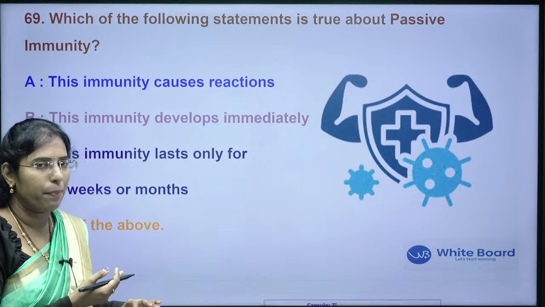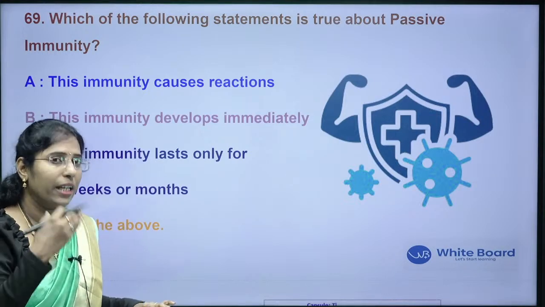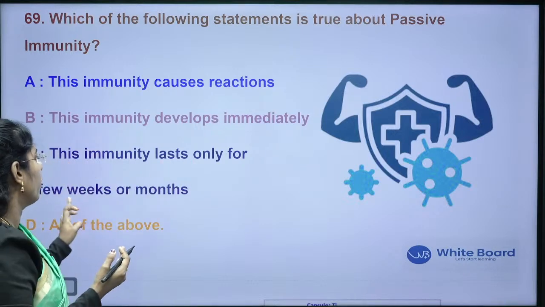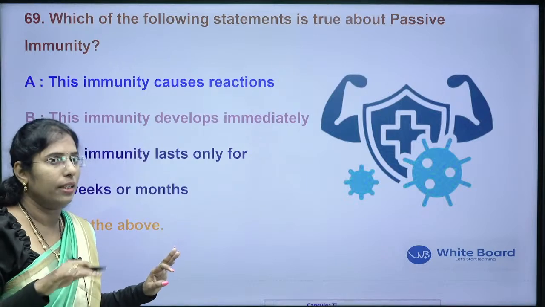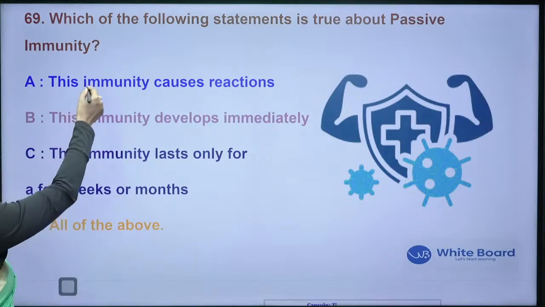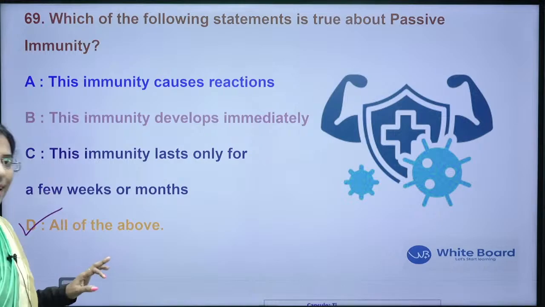Yes, this develops immediately, whereas active immunity requires some time for development. And this immunity lasts only for a few weeks or months, not a lifetime, whereas active immunity lasts for a lifetime. So all of the above, yes, these are all related to passive immunity. So all of the above is the correct answer.